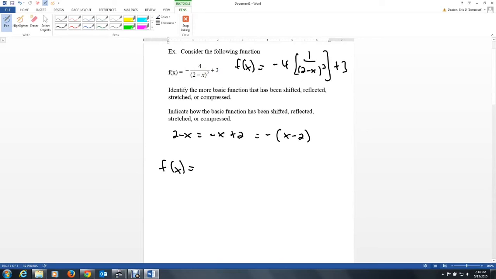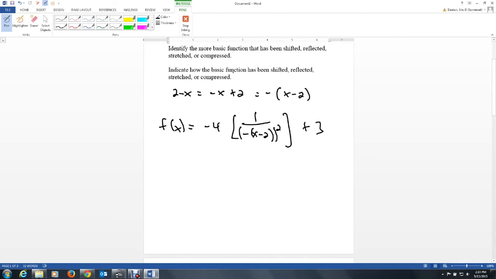My function now looks this way. It's the same function, I've just rewritten it so I can answer these questions a lot more easily. I put that negative parentheses x minus 2 inside another set of parentheses with the square, and then plus 3. The main thing is the 2 minus x needs to be written as negative parentheses x minus 2.